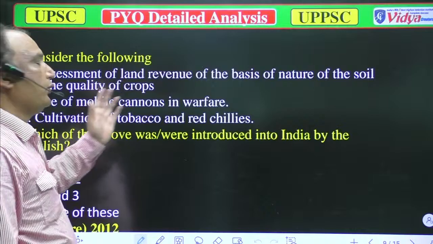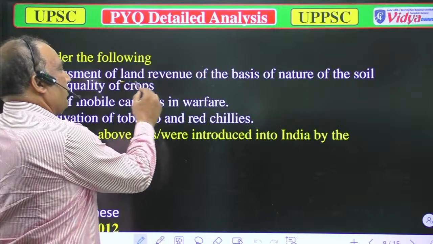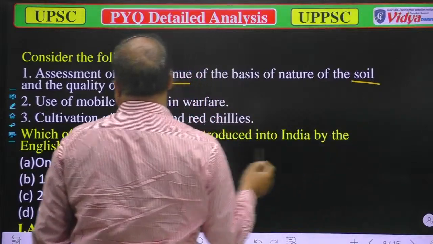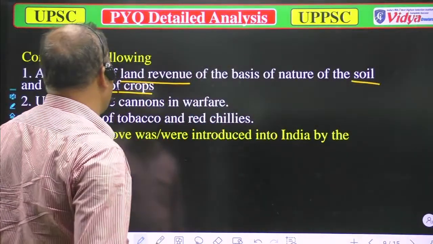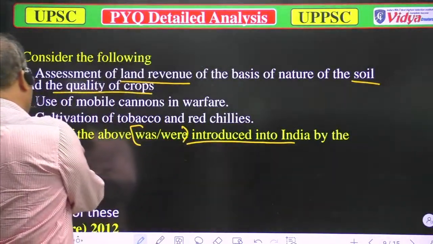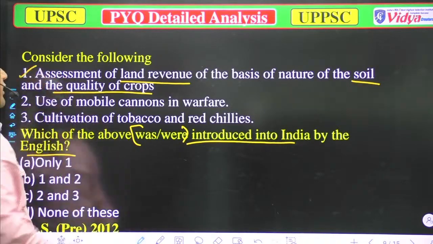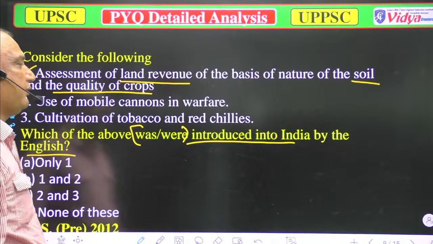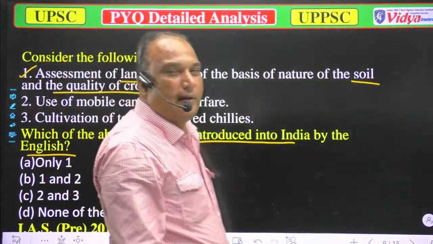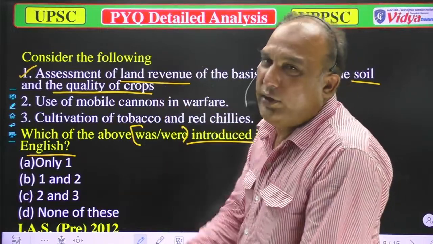Now we move to another question. Assessment of land revenue on the basis of the nature of the soil and the quality of crops. Which of the above was or were introduced in India by the Britishers? One, assessment of land revenue on the basis of nature of the soil and the quality of crops. Actually, in previous times, the Mughals also introduced this system, the quality of crops.